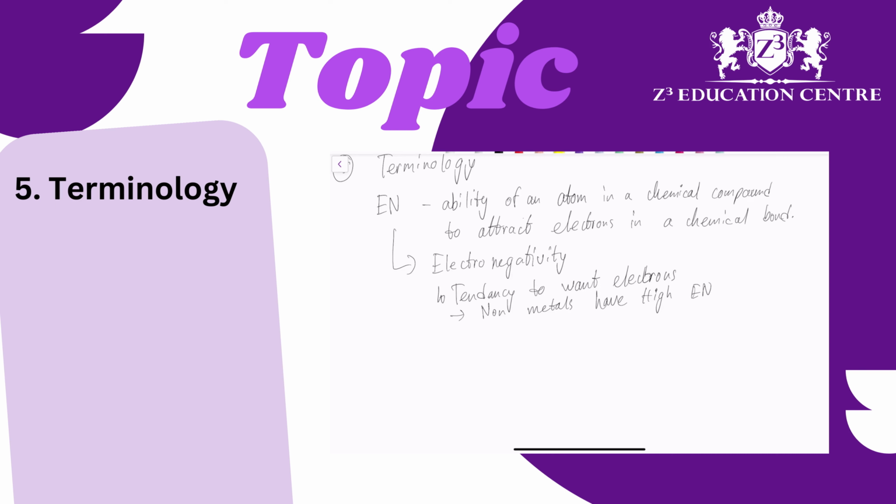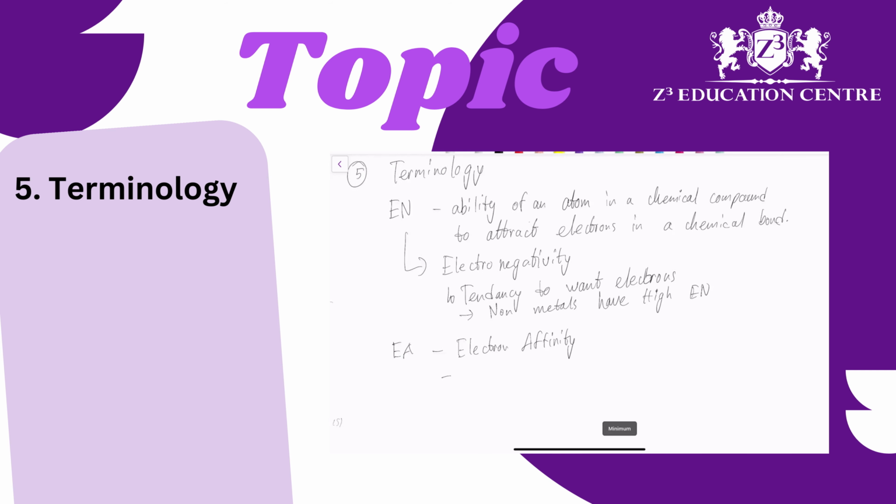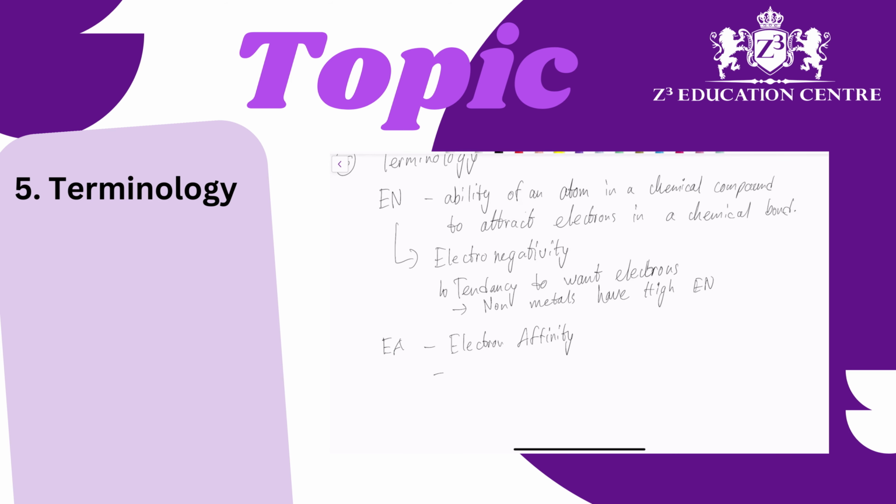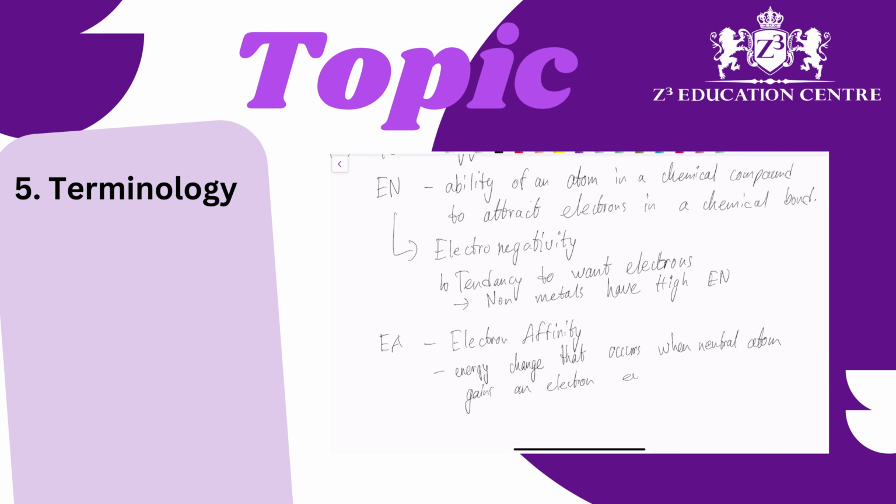Moving on, we have EA. This is electron affinity. And the definition for this is the energy change that occurs when a neutral atom gains an electron. The example we have is metals.